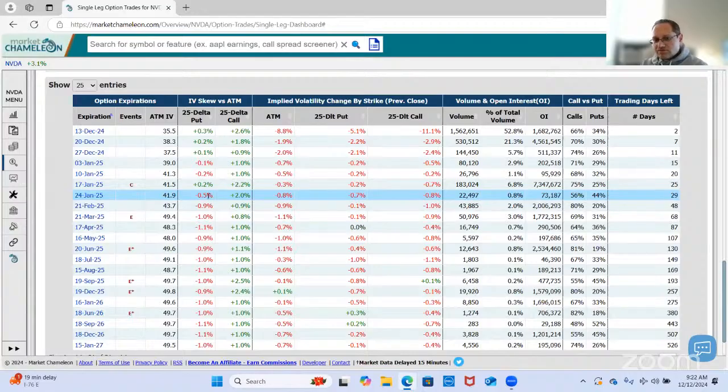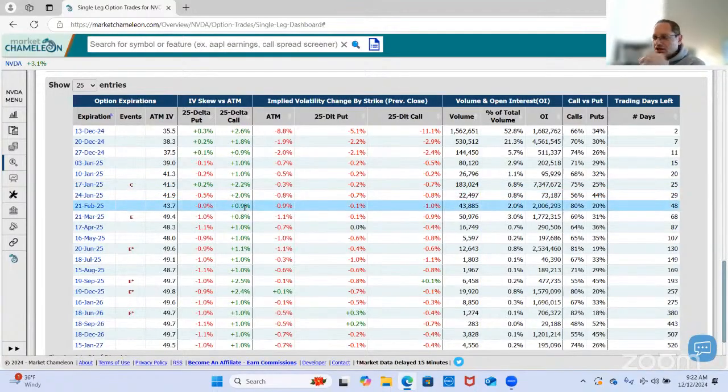That 25 delta put looks slightly lower than or the same as the at the money, but the upside call is a little bit higher, 2%, which shows a skew with a bias towards the upside, meaning there's more demand for upside than downside.